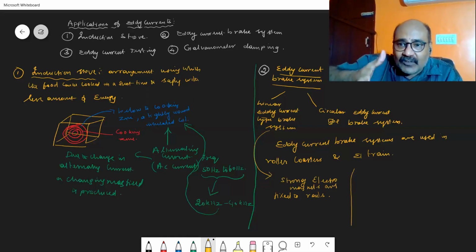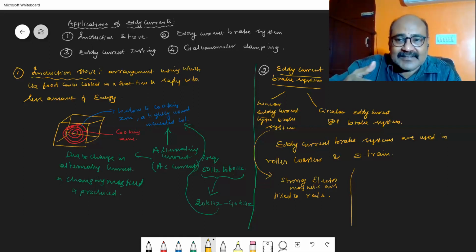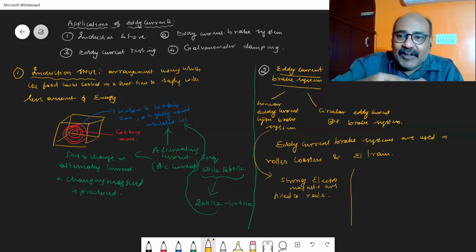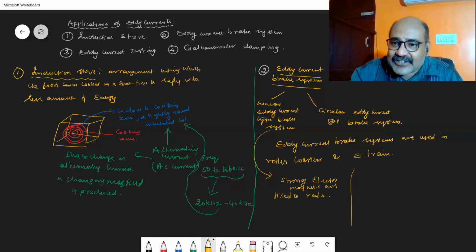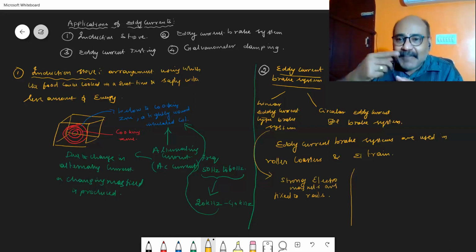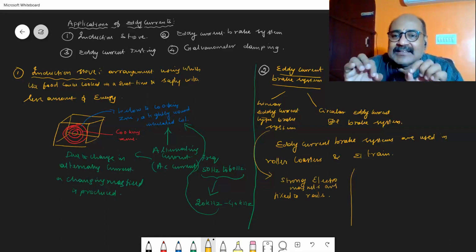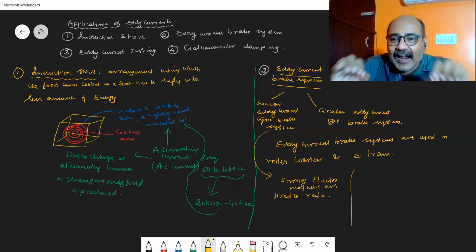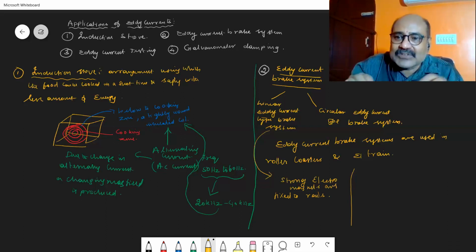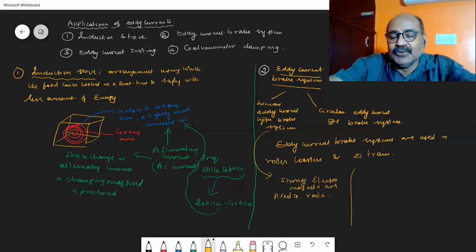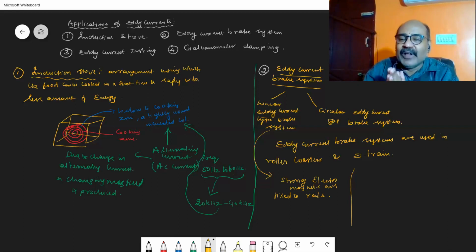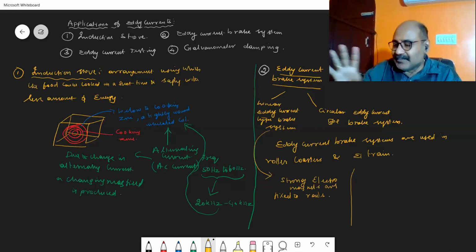Due to the rotation of the wheel, there is a change in flux. That change in flux induces a current in that wheel, but in the opposite direction. So the change in flux and the induced current, which are in opposite directions, act as a brake system and do not allow the roller coaster or the train to move. So this system we call the linear eddy current brake system.